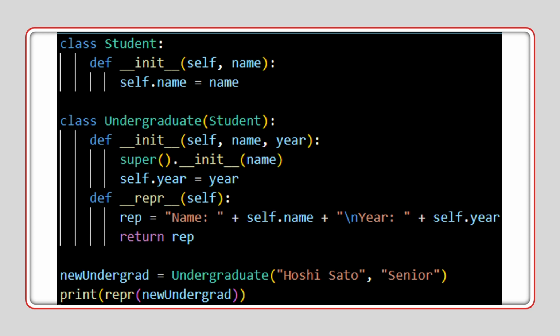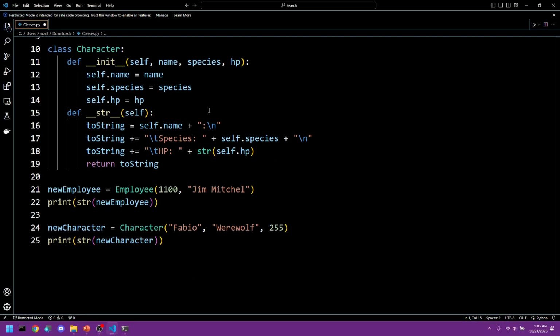We define it exactly as you would normally. And then we have our dunder repr. We have name, self.name, and then on the next line, we have year and self.year, and then we return rep. Or you could turn this to string. So we're going to click on over to our code here.